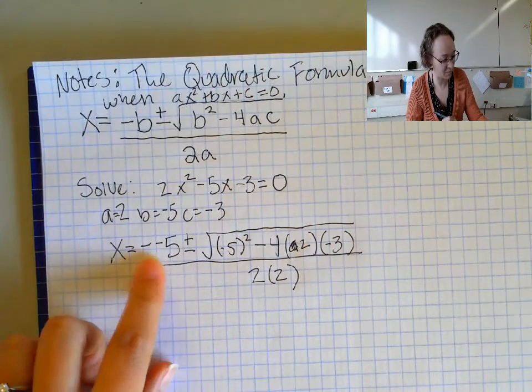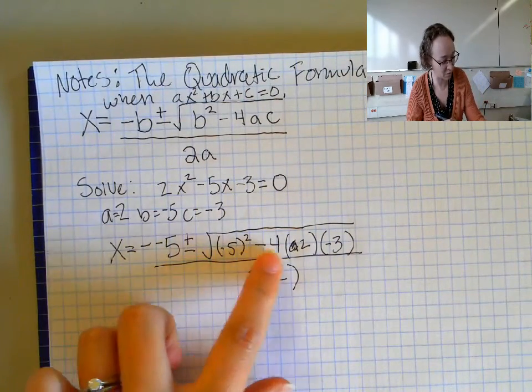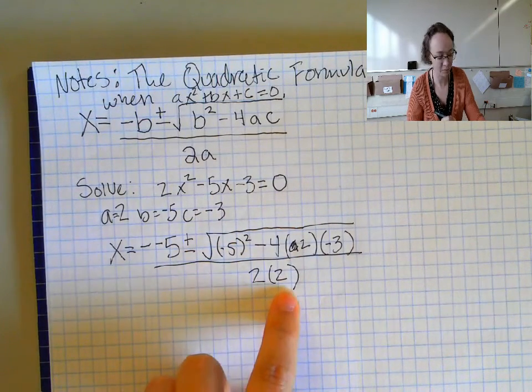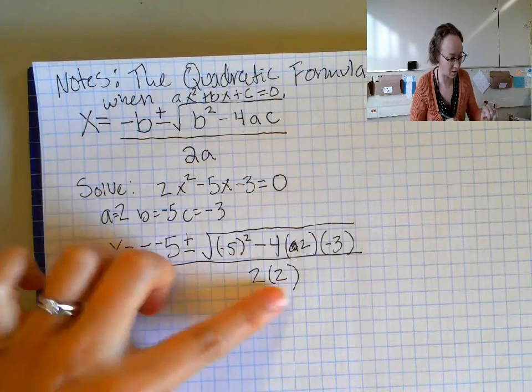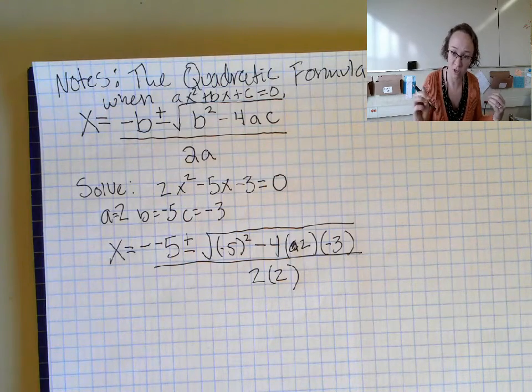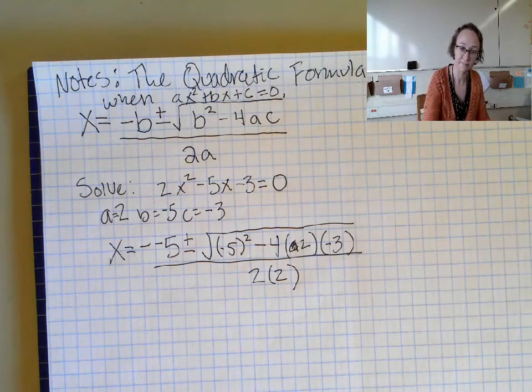So negative b plus or minus b squared minus 4ac all over 2a. Plugging in the correct number for each spot in the formula. All right, now is the moment of truth. How good are you at order of operations? Let's give it a shot.